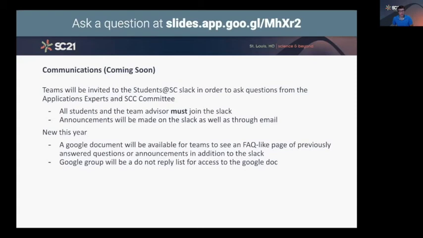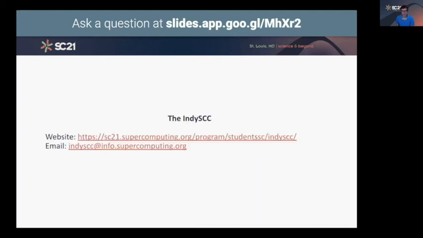And there will be a Google group, but it will just be a do not reply list to get access to the Google Doc. So the Google Doc will be the primary place for asking questions, and Slack for somewhat real-time communication, questions and announcements.